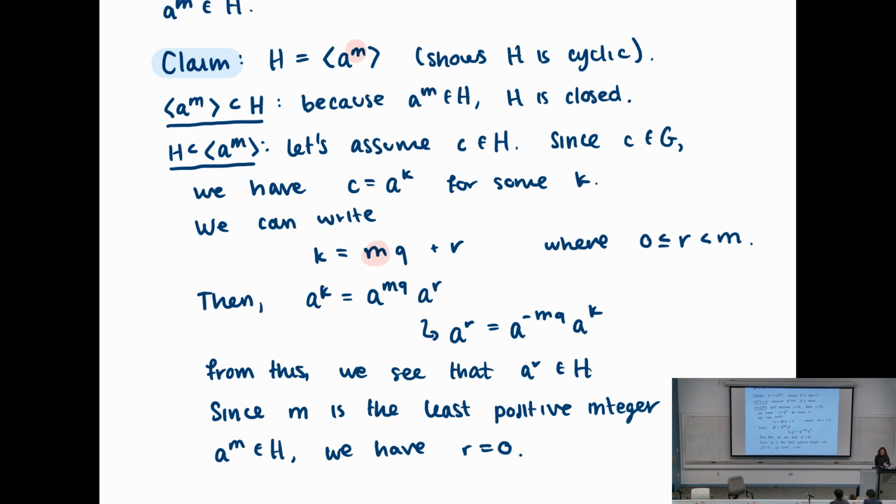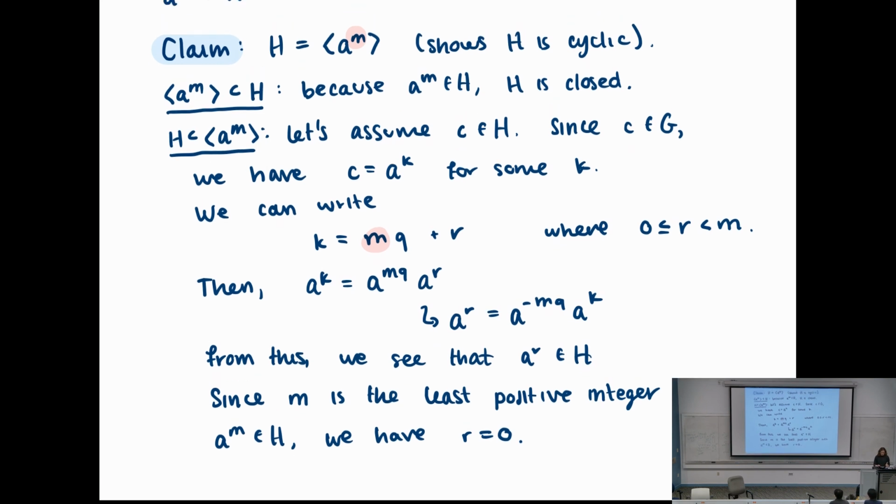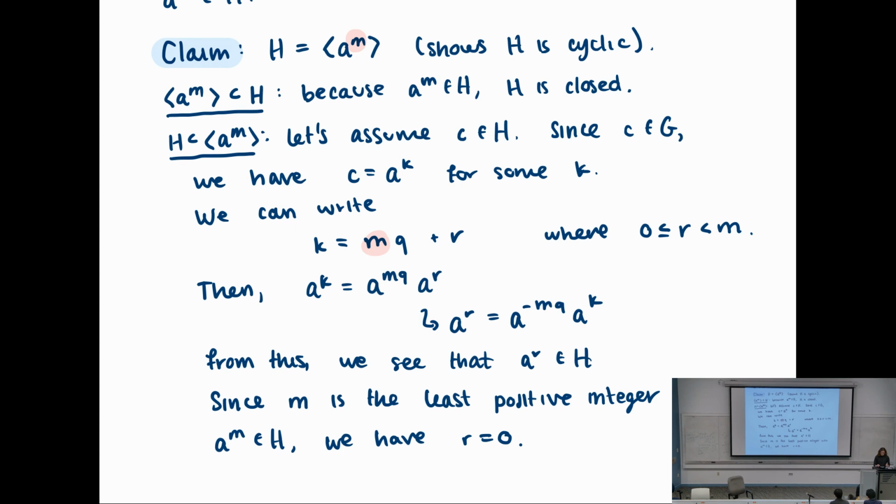So that means that our element C is just equal to a to the mq, which is an element of the subgroup generated by a to the m. And that concludes this part of the proof.